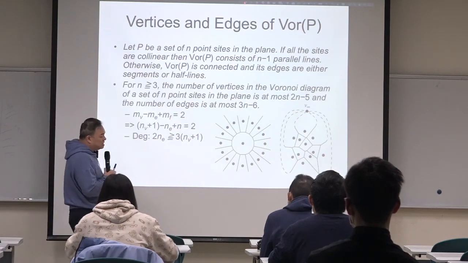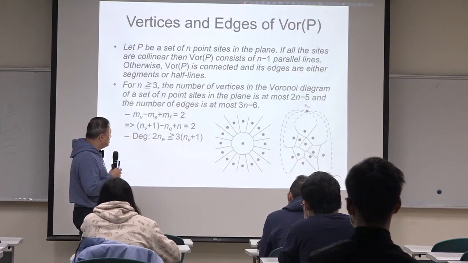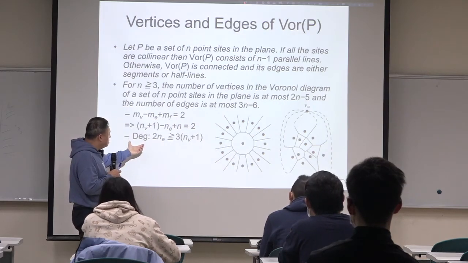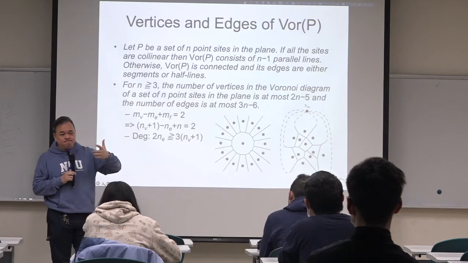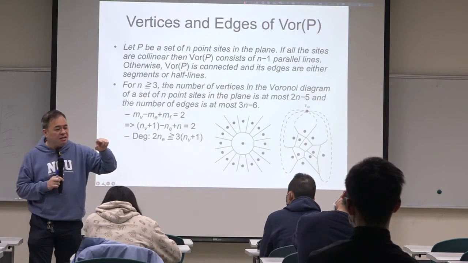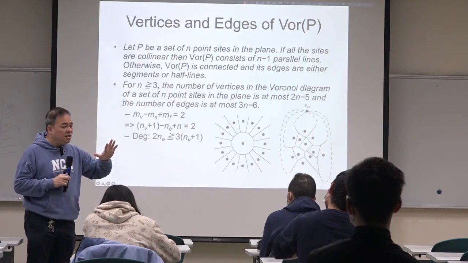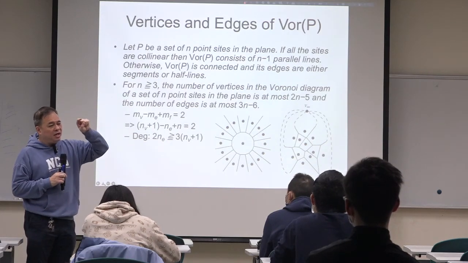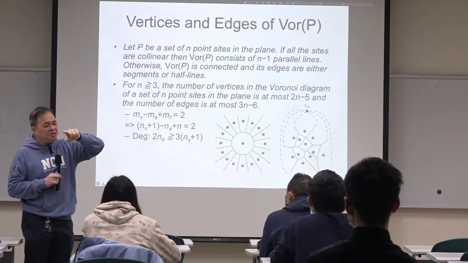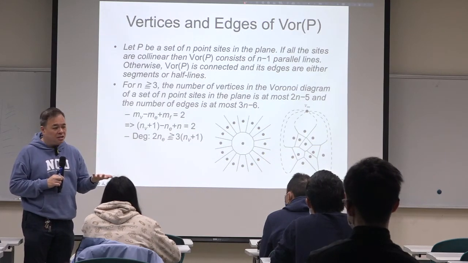We used this concept a little bit earlier. Let's consider the total degree. Each vertex has a certain degree, right? If you add up the degree from every vertex, that's the total degree.